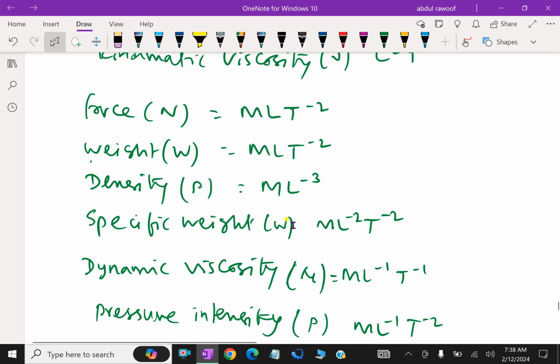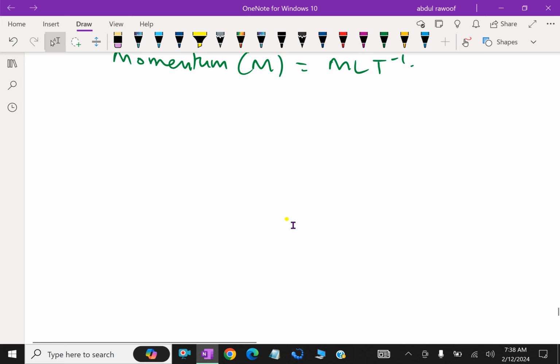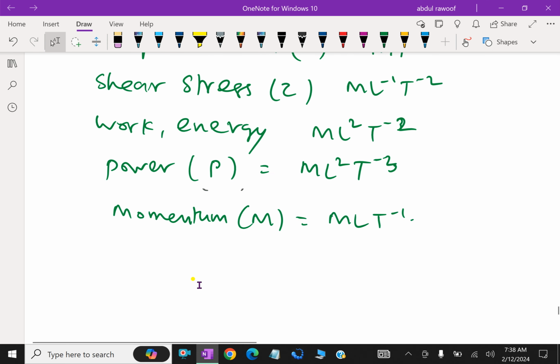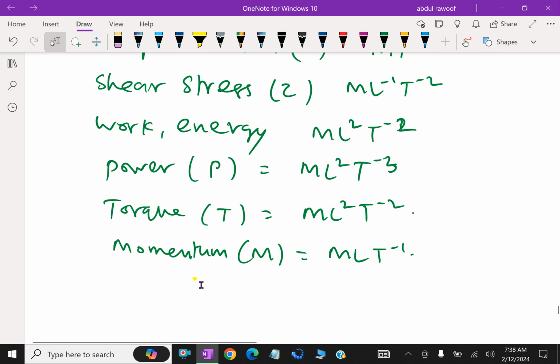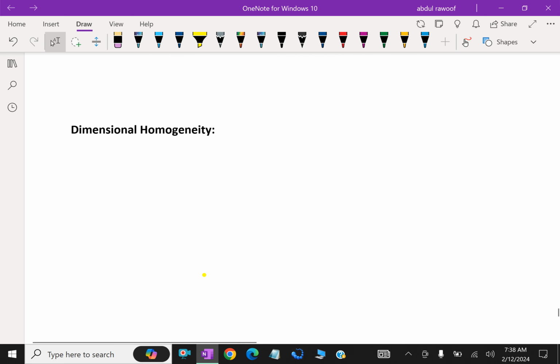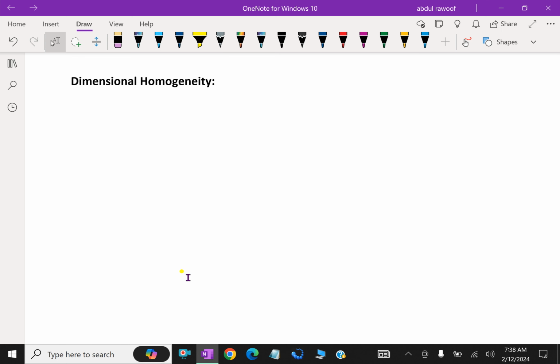Now next is dimensional homogeneity. What is dimensional homogeneity? Dimensional homogeneity means the dimension of each term in an equation on both sides is equal.